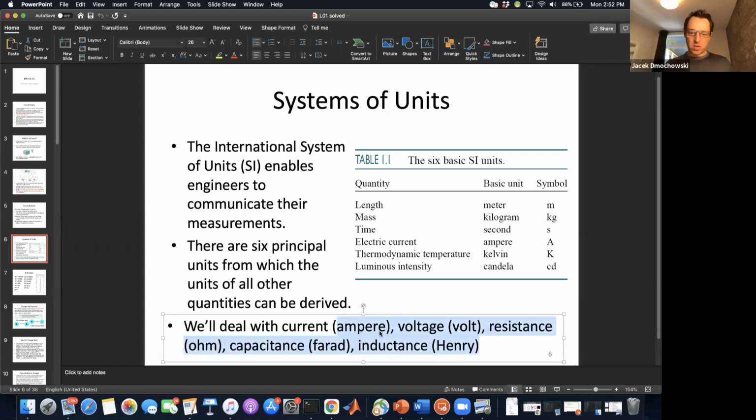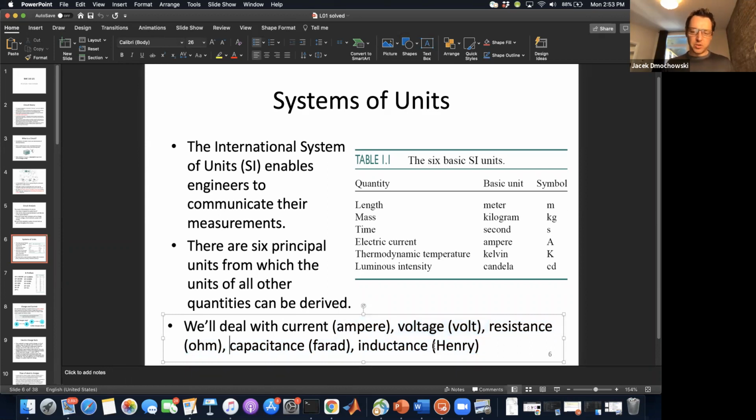So current is measured with amperes, and as you'll see, current is charge per unit time. Voltage is the amount of energy per unit charge, and I'll explain that in just a second. Resistance is the ratio of voltage to current.